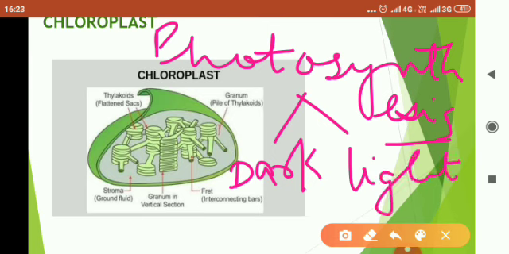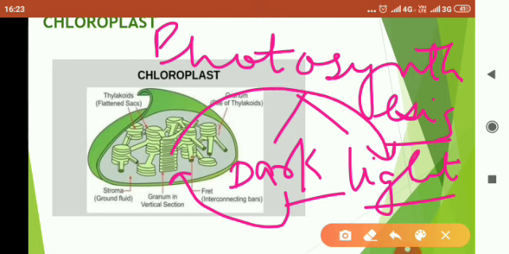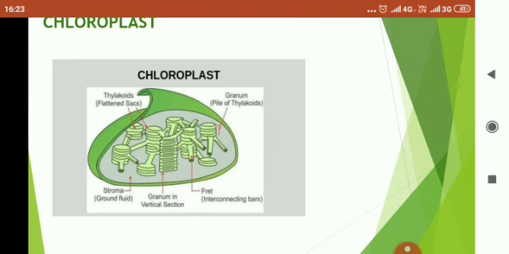Now what are these dark and light reaction? I will explain you later when I will teach you the chapter photosynthesis. Dark reaction occurs in the stroma and the light reaction occurs in the granum. This is the function of the stroma and the granum.